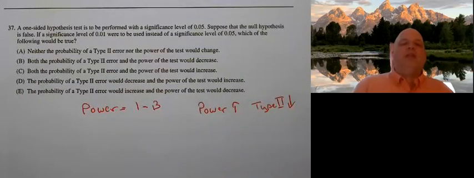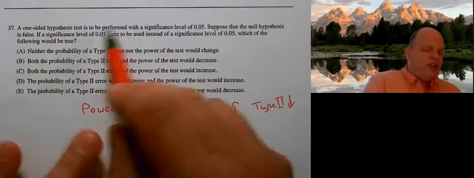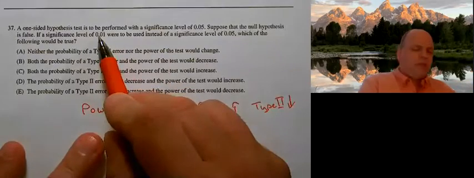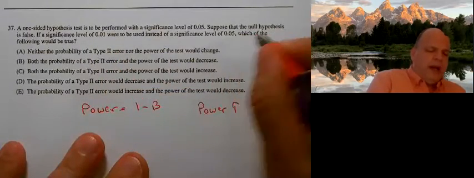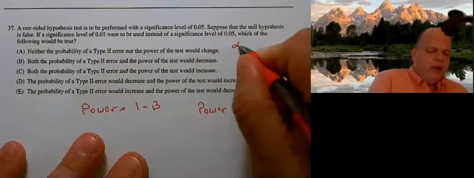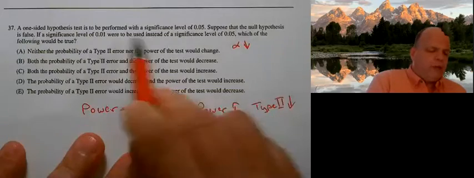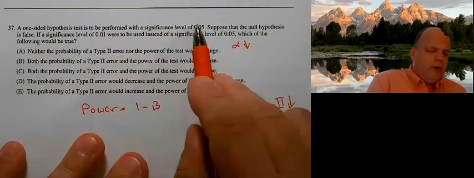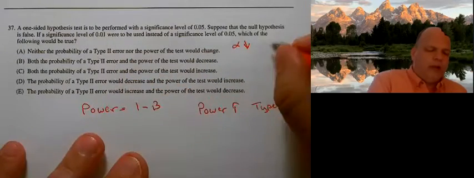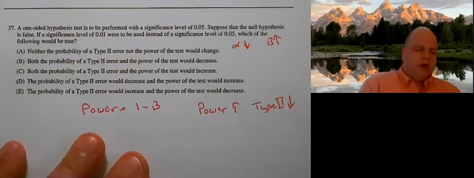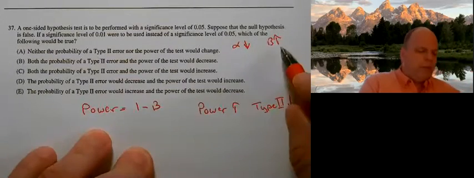So what is happening in this situation? Well, we're changing our significance level. As alpha goes down, and alpha is going down, we went from 0.05 to 0.01, as alpha goes down, beta, or type 2, goes up. So we know type 2 is going up.